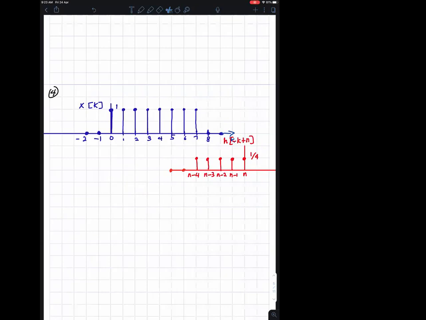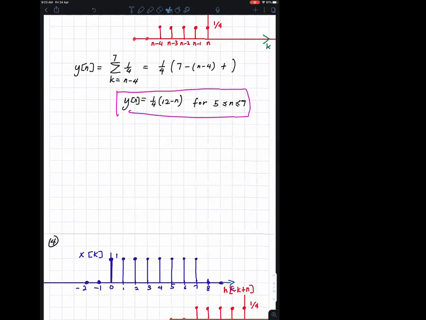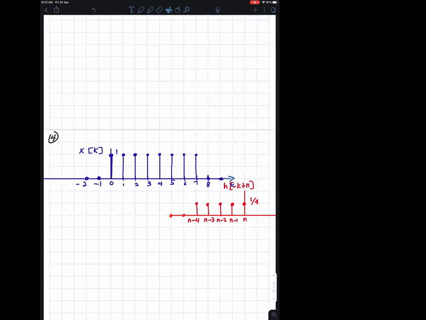The reason why we have to do so many things is because one of the signals is long. I know it has 0, 1, 2, 3, 4, 5, 6, 7. The other one is short, so only 5 of them. So that's why we have to go stage by stage. The last stage will be when, of course, when n is greater than 0, there's no overlap.